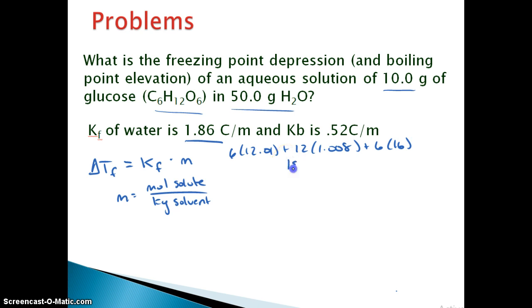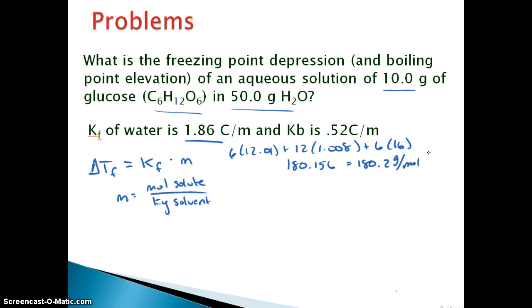And that all comes out to 180.156, which we, of course, round to 4 significant digits, so 180.2 grams per mole is going to be our molar mass.